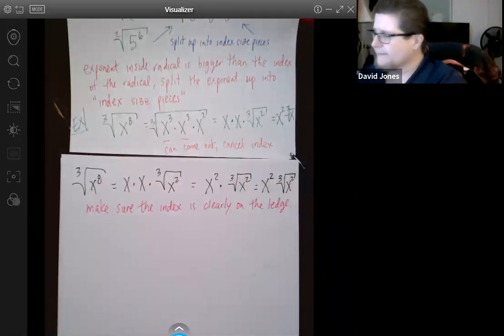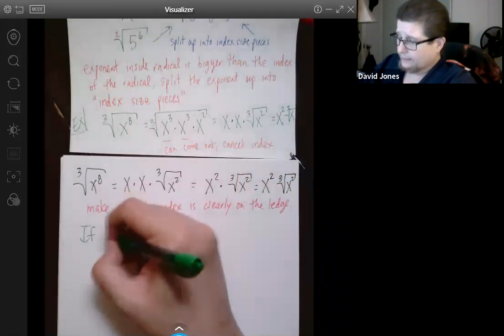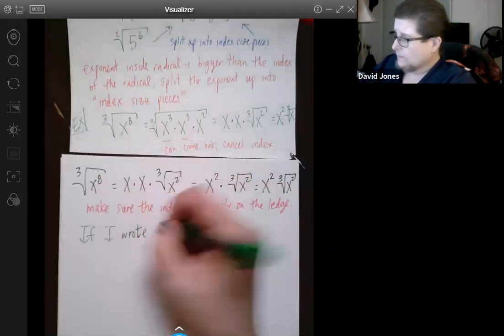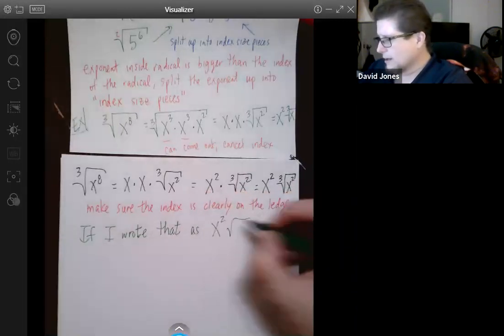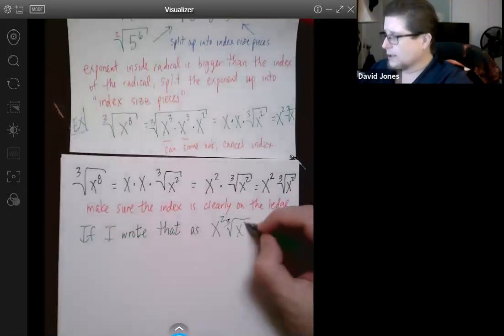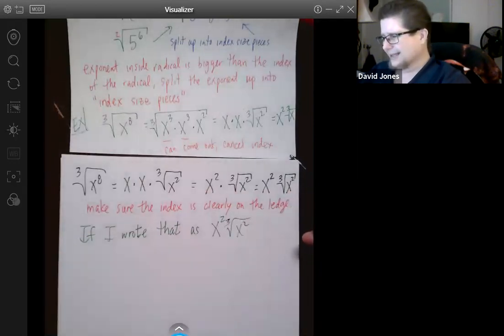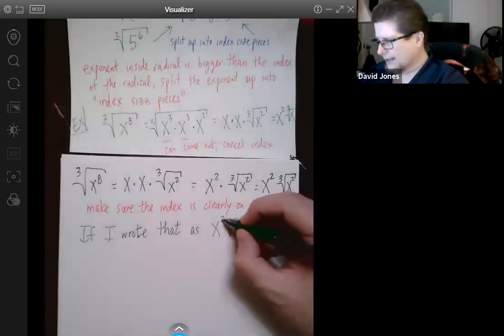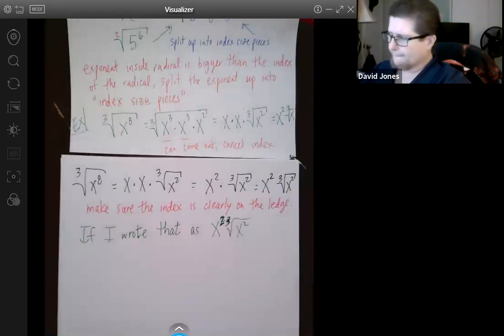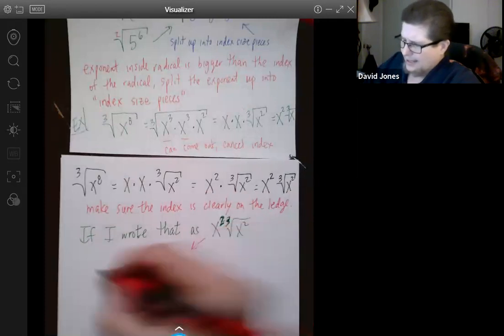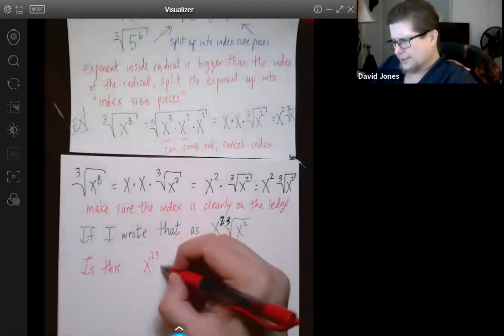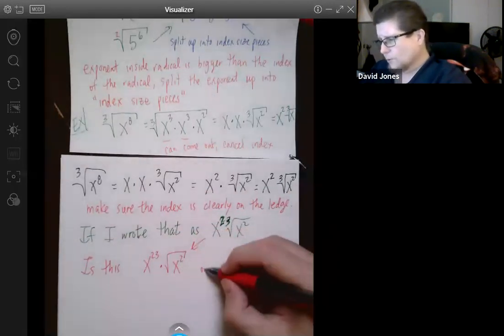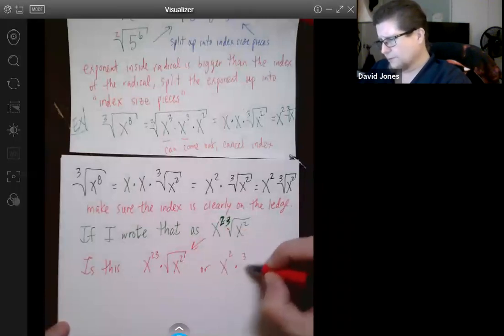If I wrote that as x squared cube root of x squared, the ledge is funny, and if I had lined up the 2 and the 3 a little bit better, is this x to the 23rd times the square root of x squared, or x squared times the cube root of x squared?